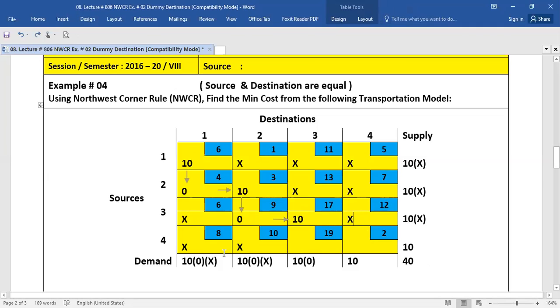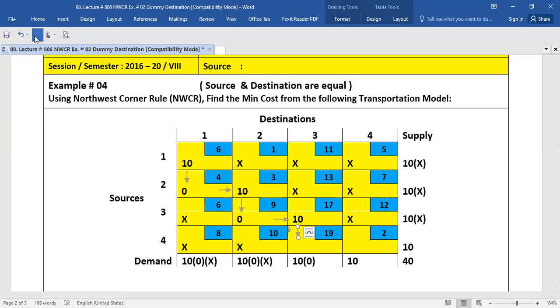For next allocation, you will move down where your 0 is lying. You will move towards that side where 0 is lying. This is the important point. Now you will move forward. Yes, you will put 0 here and also a cross sign which shows that demand is now complete.